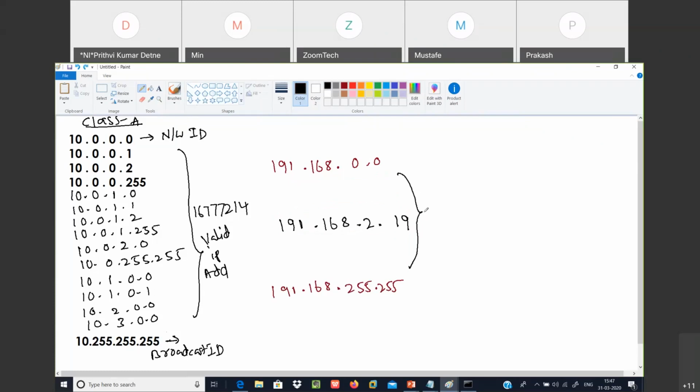How many IPs are valid in between? Actually, 65,536 IPs are available, but out of 65,536, two IPs are subtracted, one for the network ID and one for the broadcast ID, meaning 65,534 IPs are valid.